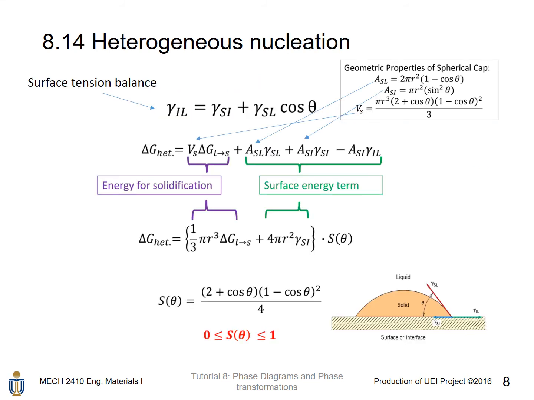Heterogeneous nucleation, as its wording implies, has a third phase which facilitates the growth of the nucleus apart from the original liquid and the solid phase. And the picture here shows how we can derive the equation for this kind of nucleation.